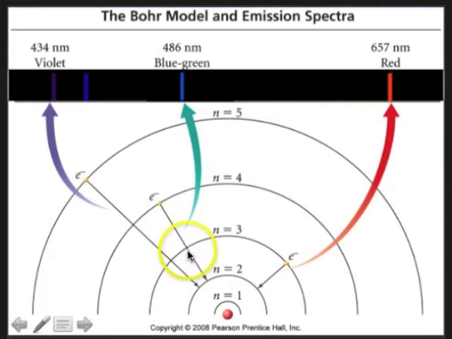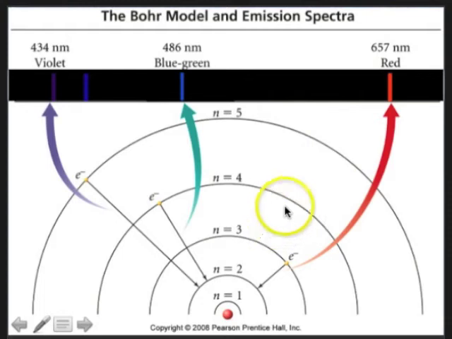So for example, an electron falling from n equals 5 to n equals 2, going from a higher energy state to a lower energy state, would release a violet light with a wavelength of 434 nanometers. An electron jumping from n equals 3 to n equals 2, a much smaller jump, would account for less energy and would release the red light with a wavelength of 657 nanometers.